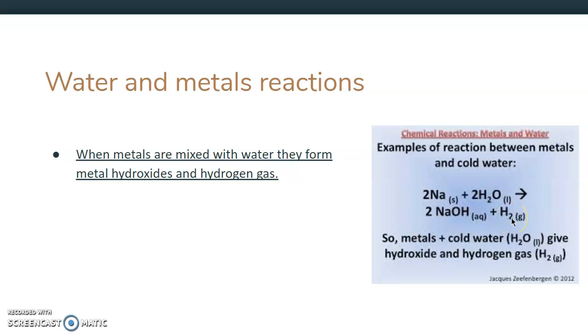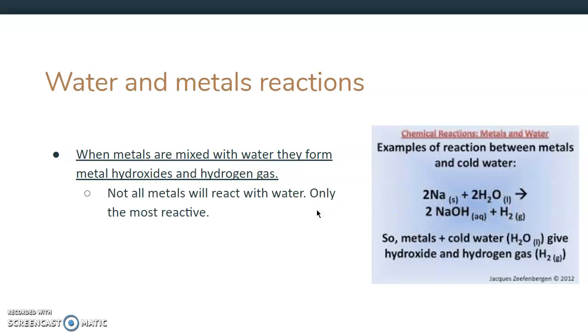So oftentimes, not often, but in our alkali metals, what happens is we will create this hydrogen, which then will catch fire because our reaction is so hot. So we've seen a couple different videos of our alkali metals reacting with water and causing explosions, and it's because this hydrogen gas gets ignited whenever it's formed.